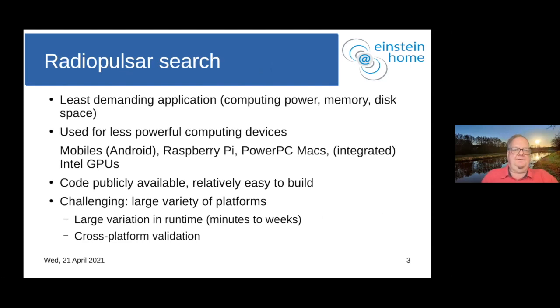The radio pulsar search is our least demanding application in terms of computing power, memory, and disk space. So this is used for less powerful computing devices like mobiles running Android, Raspberry Pis, PowerPC Macs that we still support, and also smaller Intel GPUs that usually have little memory.